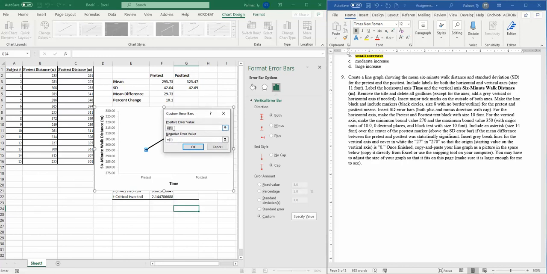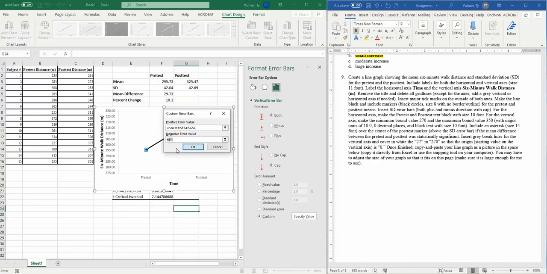What we need to do next is in the positive error value, delete everything in this bar to where it's blank. The only thing that should be in there is your cursor that's blinking, as you see mine. Next, you're going to go up here to our data where the standard deviations are that we calculated earlier. You're going to click, starting with the pretest standard deviation, and hold and drag to the post-test standard deviation to where they're both highlighted like mine are now. And then you can let go.